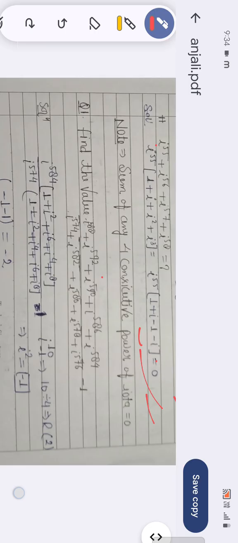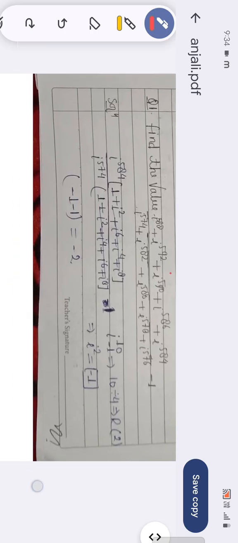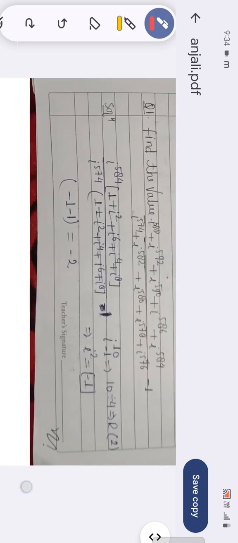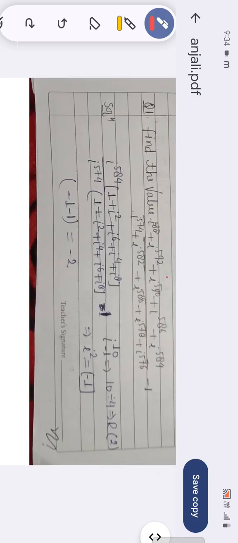Is it clear? And another example is to find the value of this. In the numerator, you can take the smallest power of iota common, and in the denominator you can take the smallest power of iota common. In the numerator you can see iota to the power 84 is the smallest power, so if we take iota to the power 84 common, then this will be 1 plus iota square plus iota to the power 4 plus iota to the power 6 plus iota to the power 8.